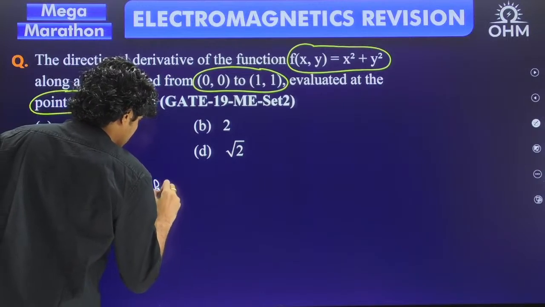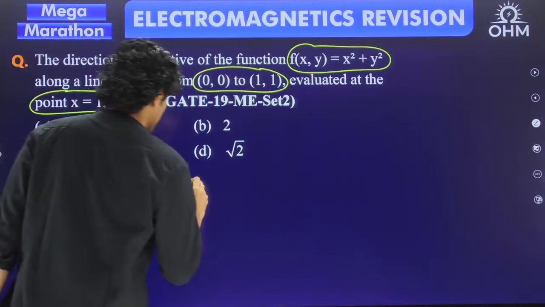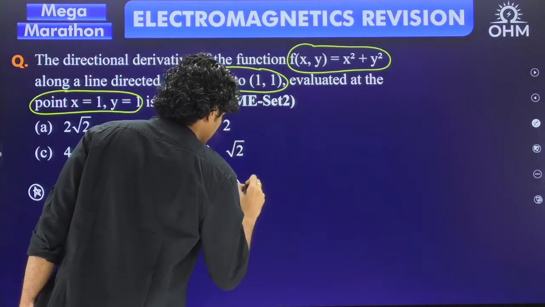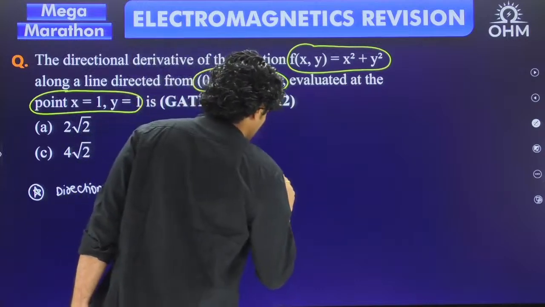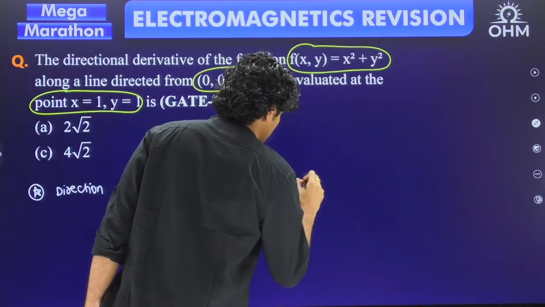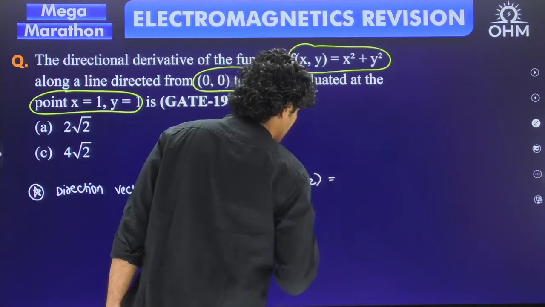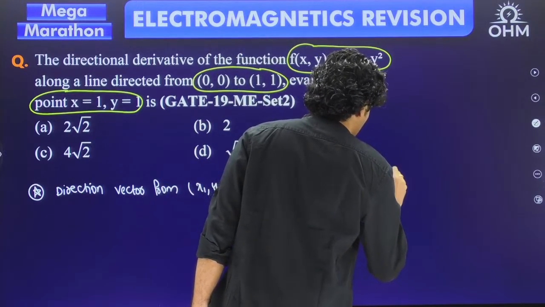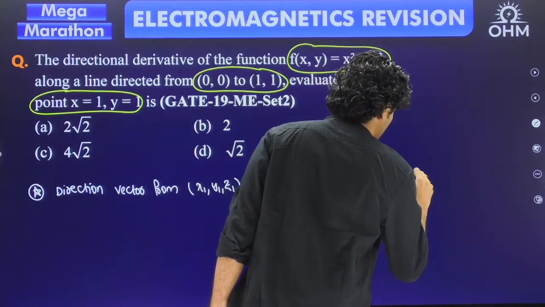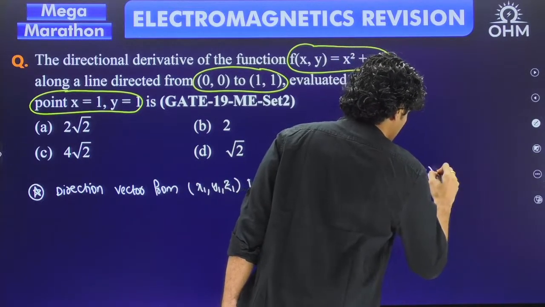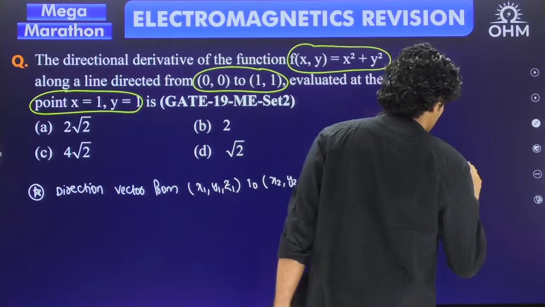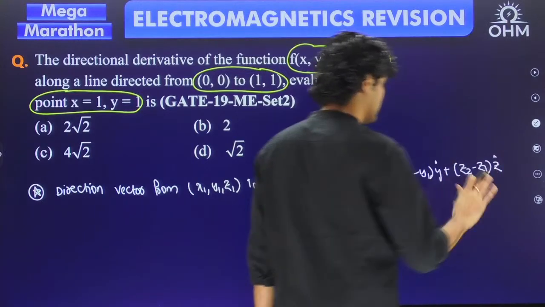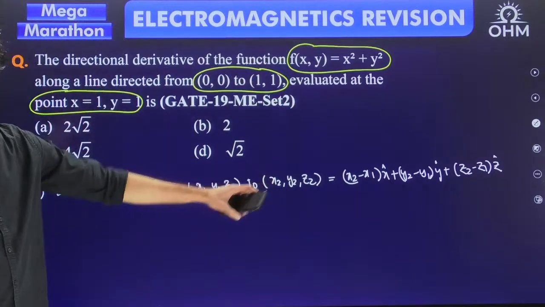Direction vector from, in 3 dimensions I'm taking, the point x1, y1, z1 to x2, y2, z2 is nothing but x2 minus x1 x cap plus y2 minus y1 y cap plus z2 minus z1 z cap. That's it. Nothing else you have to do.